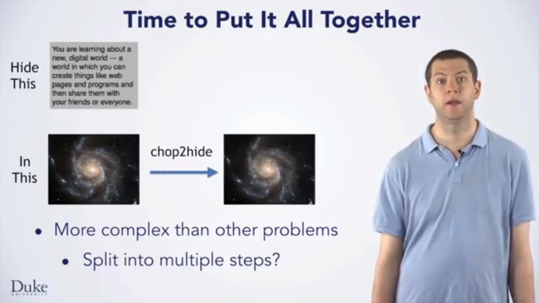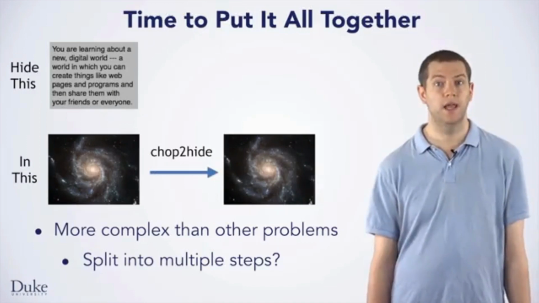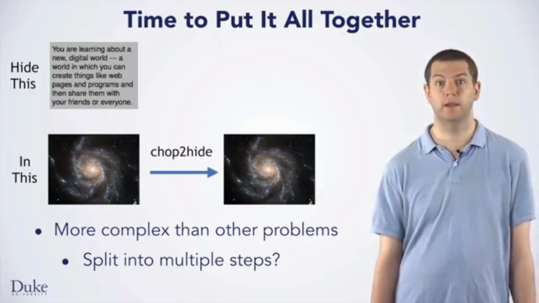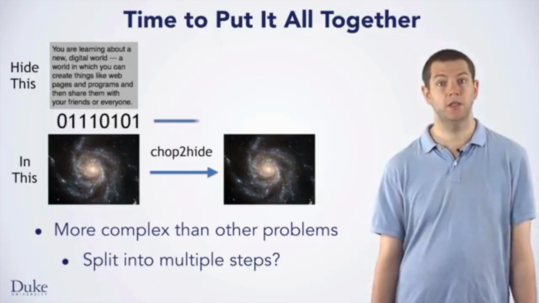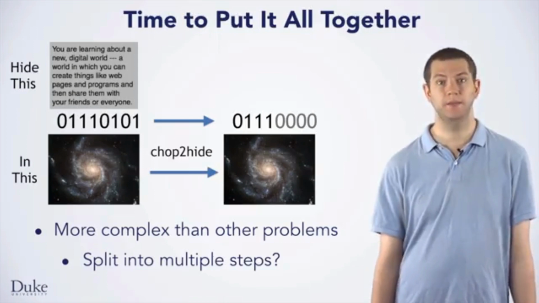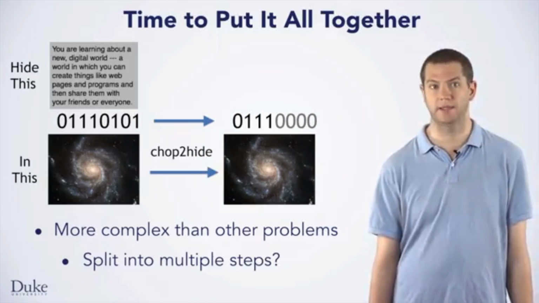First, we made a function called chop2hide, which is going to take the image we want to show up in the end and produce one that looks quite similar. It is going to do the math on each color component of each pixel that keeps the most significant bits and zeroes out the least significant bits.